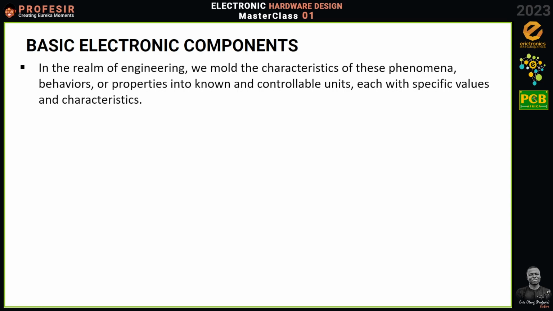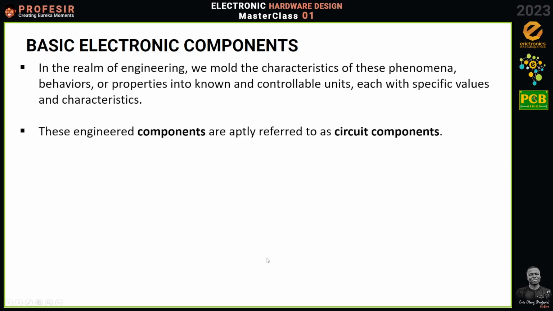Now, in the realm of engineering, we mold these characteristics, behavior, or phenomena into controllable units, okay? Each with specific values or characteristics. Now, let's say, for example, resistance: if we deliberately create a unit of resistance such that we know its value, we know its characteristics, we know its behavior, then in essence, we've created what we call a circuit component, right?